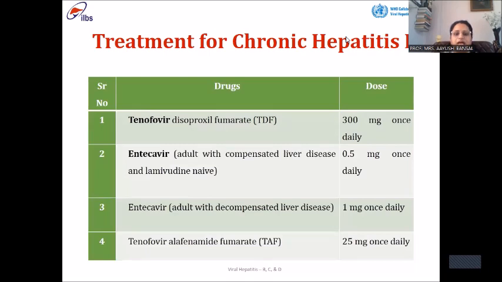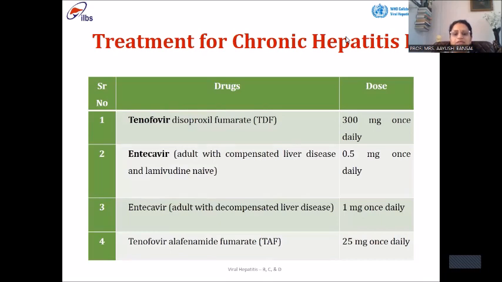According to national guidelines, there is a treatment chart for chronic hepatitis B. These are the drugs we can use in chronic hepatitis B patients according to Indian national guidelines. Tenofovir disoproxil fumarate, that is TDF, 300 mg once daily is given to the patient.